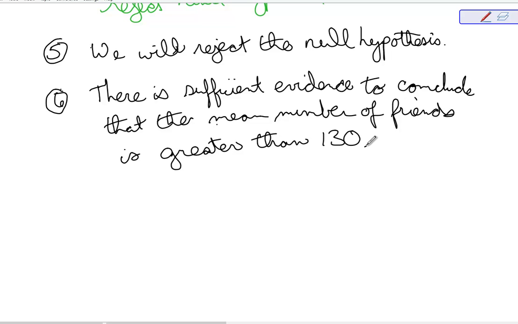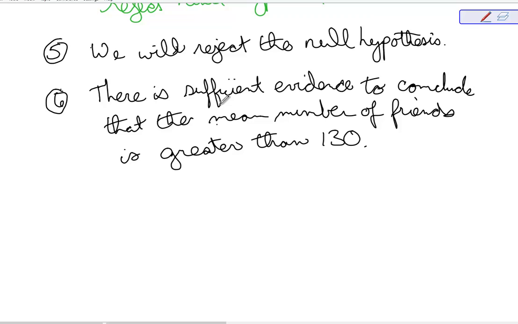If you compare this sentence right here to the last sentence of the problem, you'll notice instead of the is, I said there is. Or if I were to reject the claim, I would say there is not sufficient evidence. I'm just rewording the question to answer it.